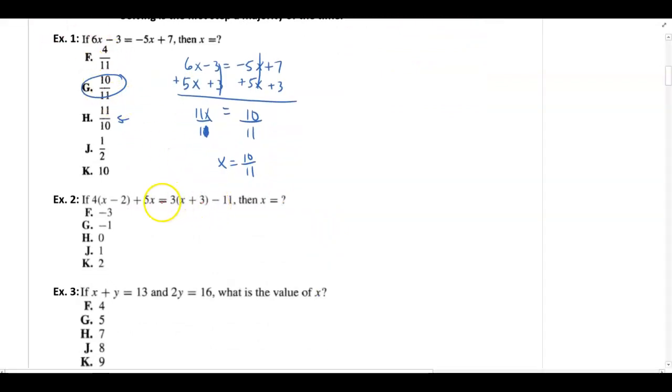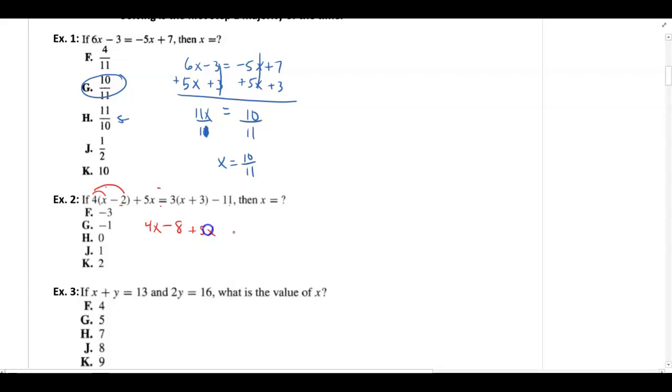Example 2. If this is your equation you're looking to solve, the first thing I have to do is distribute on each side. So I'm going to distribute the 4 to the first quantity. Right away, 4 times x is 4x. 4 times negative 2 is negative 8.